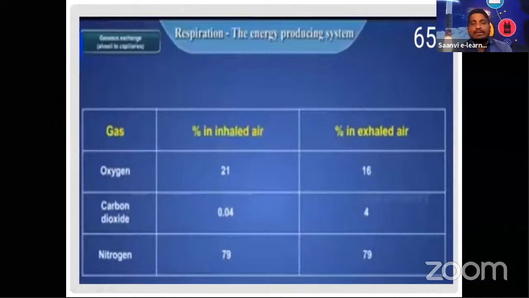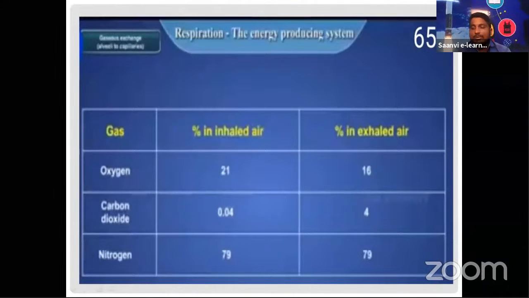See here, oxygen percentage in inhaled air is 21%.